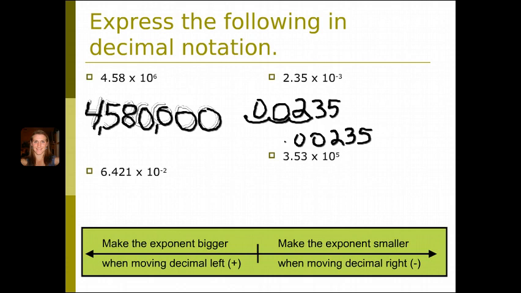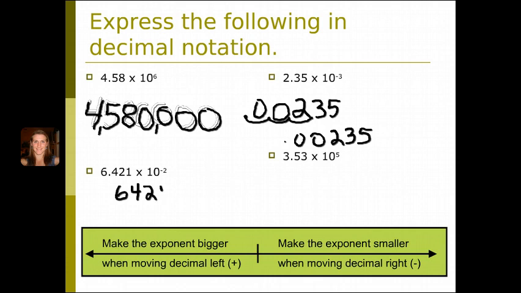For this example, again, we have a negative exponent, which means we are going to have a very small number. We are moving our decimal to the left 2 places. So I write my 6, 4, 2, and 1.